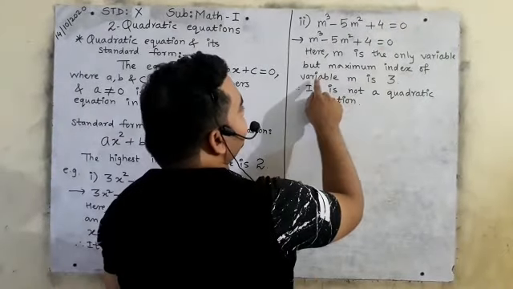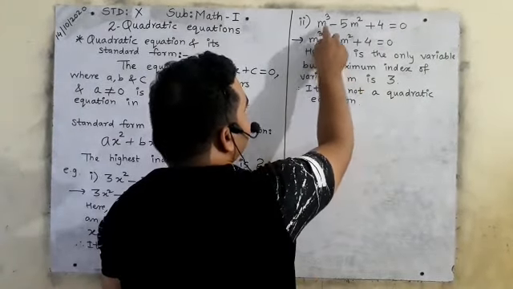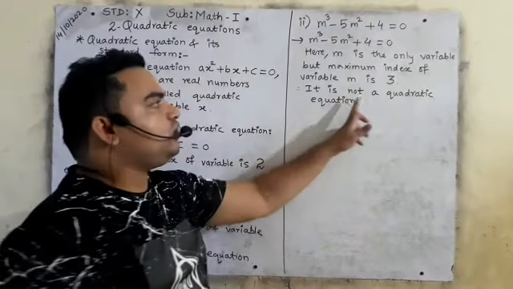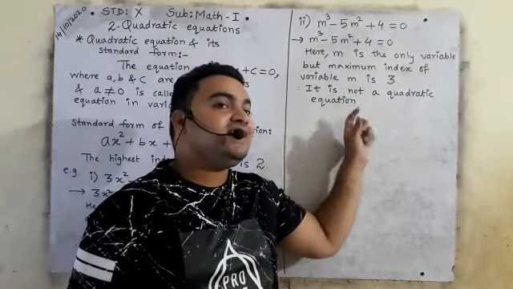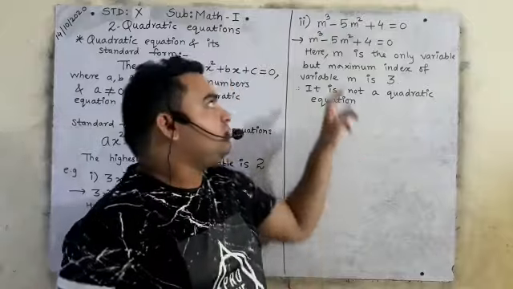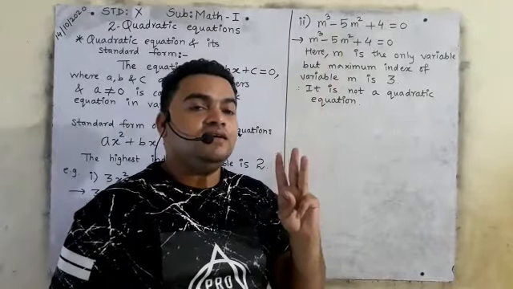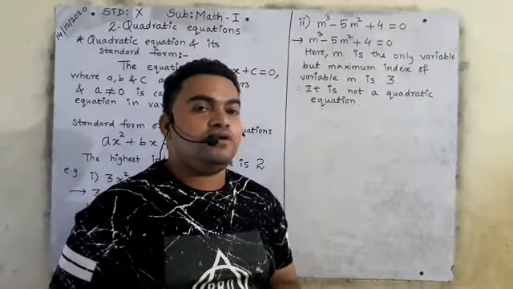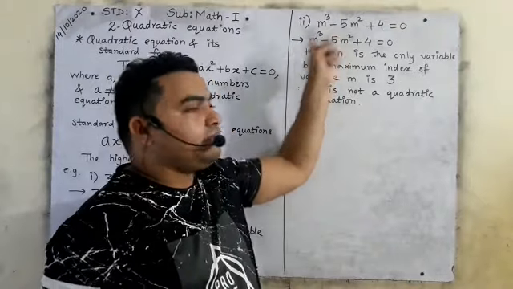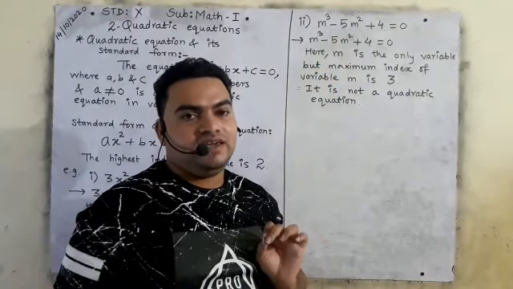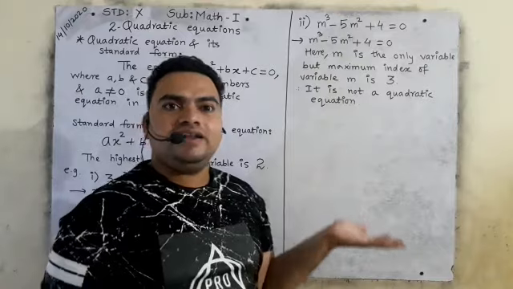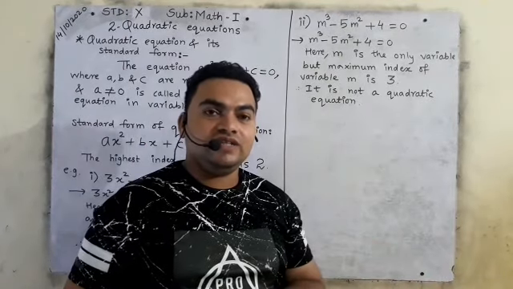The maximum index of variable m is 3. So it is not a quadratic equation. Why? Because its highest index is 3. That is cubic, not quadratic. So this is an example of a cubic equation, not a quadratic equation. I hope you understood the introduction.